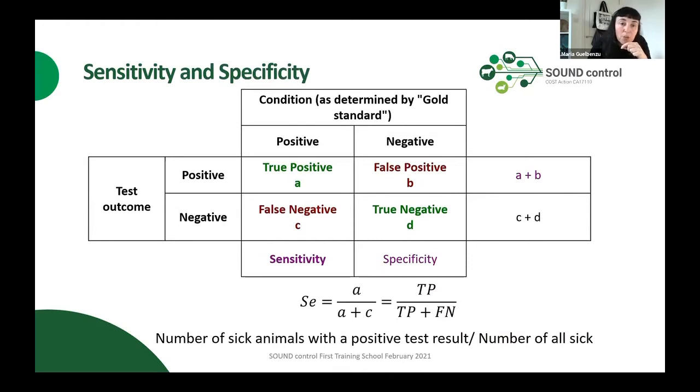We take the number of sick animals, so our true positives, the A here, and divide it by the number of all sick, so the true positives and the false negatives. Those are the ones that were positive by the gold standard, but our test determines are negative.